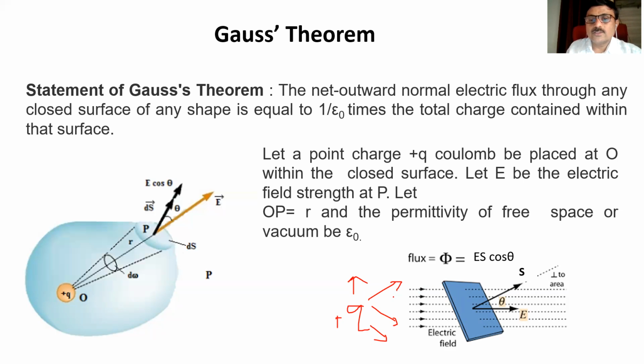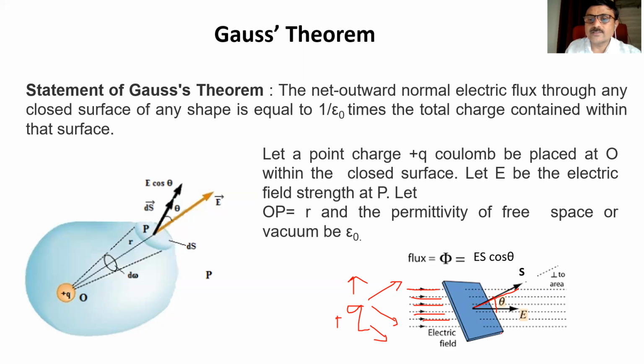So if you consider these are the electric field lines, and if you consider any surface which is inclined to these electric field lines, suppose it is inclined at an angle theta. So this S is a vector.